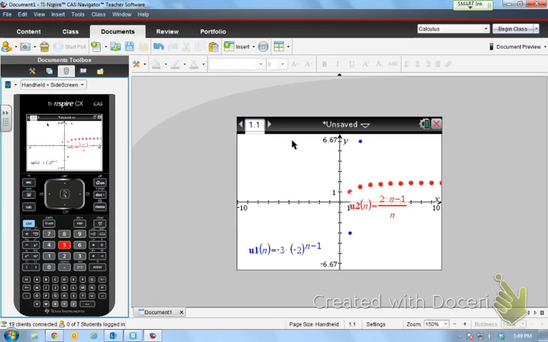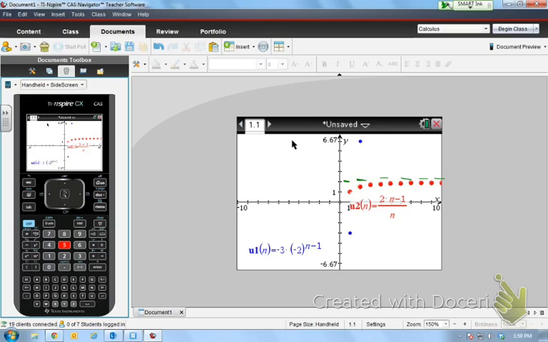So, does it look like that graph is approaching a particular number? Kind of looks like our graph is approaching 2. As we go to infinity, the y value on this graph looks like it's never getting above 2. Looks like that's what we're approaching.